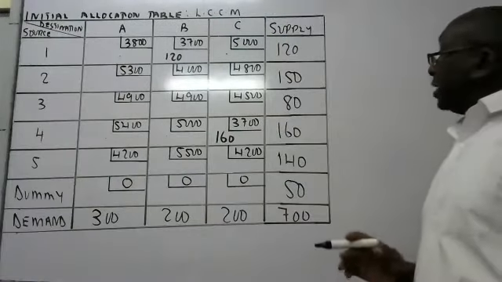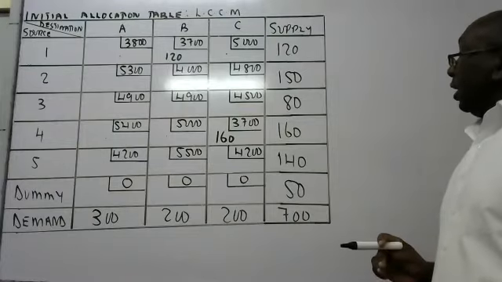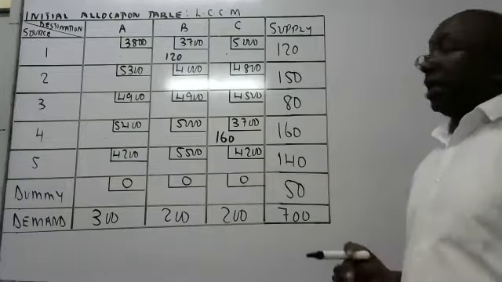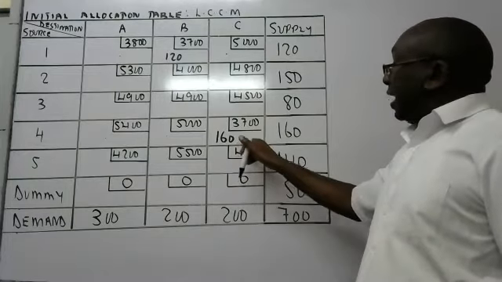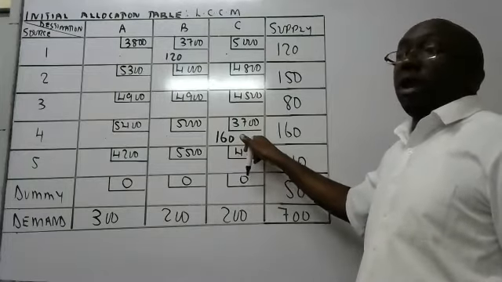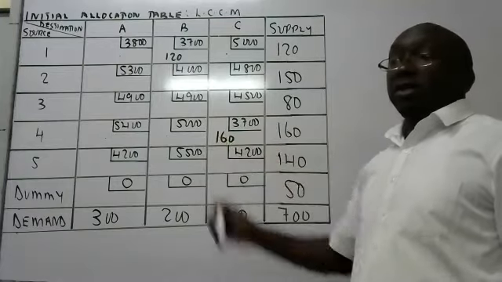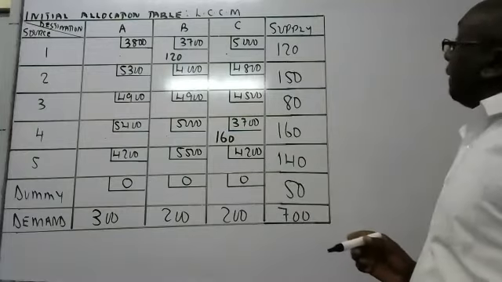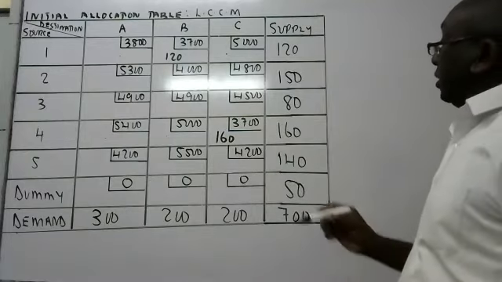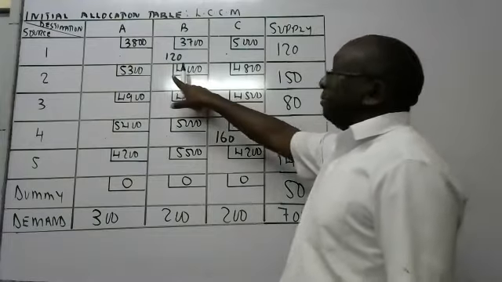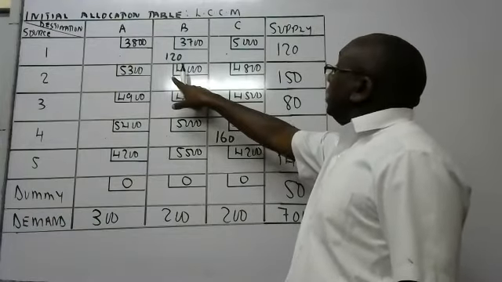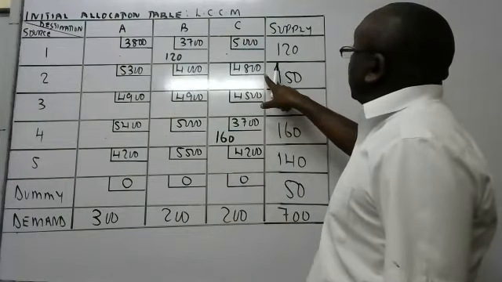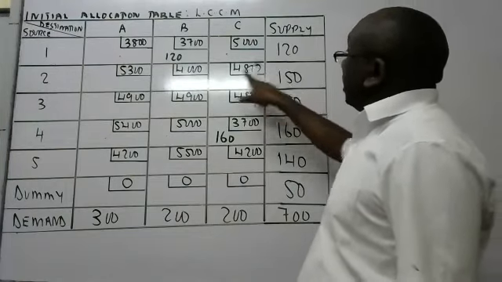When we are through with that smallest, let's now identify the next smallest. And I told you in your identifications, if any cell is already allocated to or has been broken, it is not eligible. So the next smallest is 4,000, and it's just one. So when we get here, the available is what? 150.